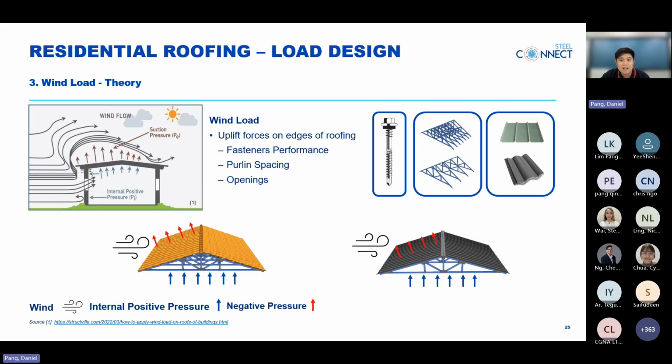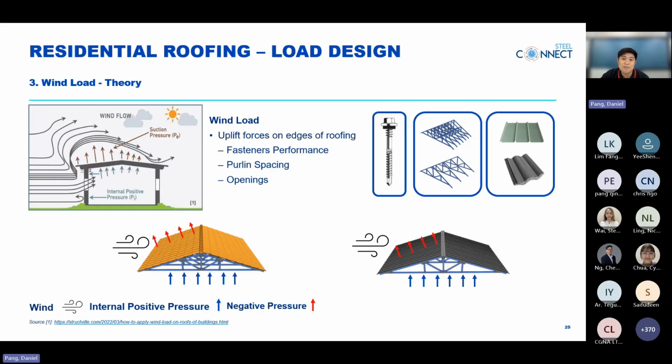Whereas on the outside, due to the design of the roof, it will have a low pressure zone, which is known as a negative pressure or suction pressure. This will create a huge negative pressure at the top, causing the roof to lift off and fly off. So for this, wind load are strongly dependent on edges uplift forces, especially fastener performance, purlin spacing, and also openings.